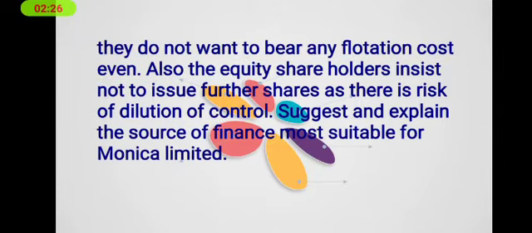So these lines suggest that retained earning is the best source of finance for the company. Now you have to explain its features on the basis of previous explanation.